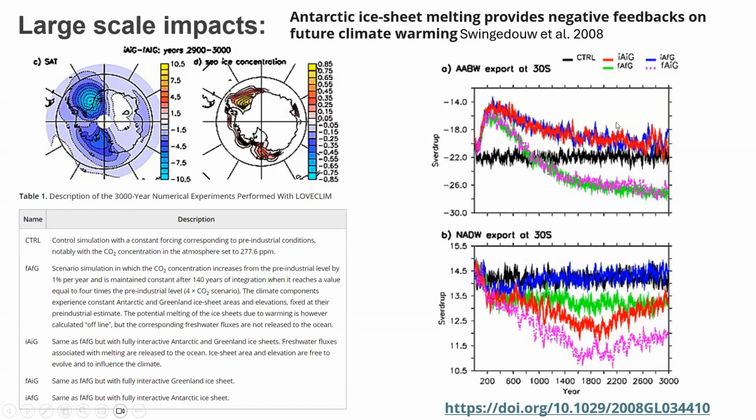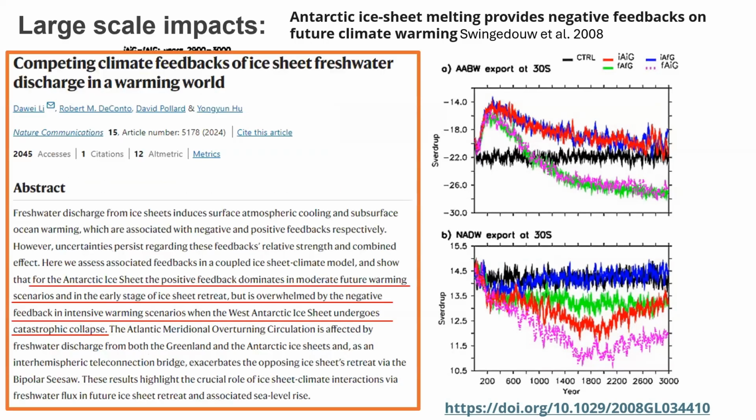There are also coherent signals in climate models about how things like Antarctic bottom water and North Atlantic deep water formation respond, or I said coherent, at least there's a signal in this model, which was from 2008. And this year there was an update, and there have probably been some updates in between.